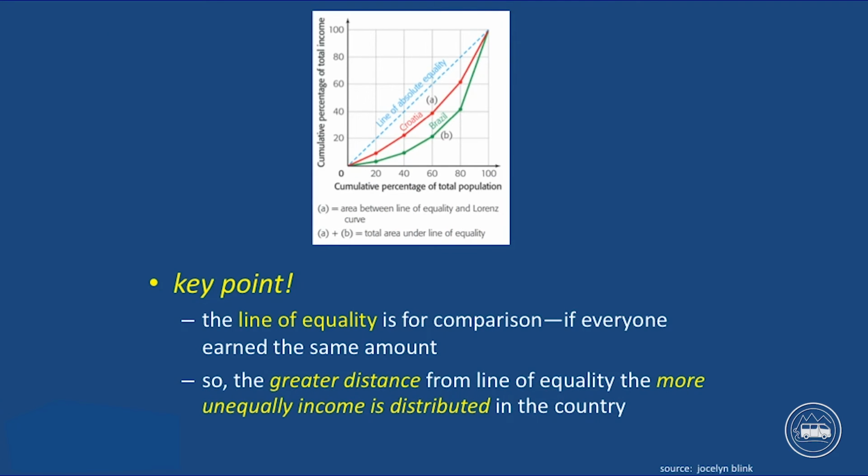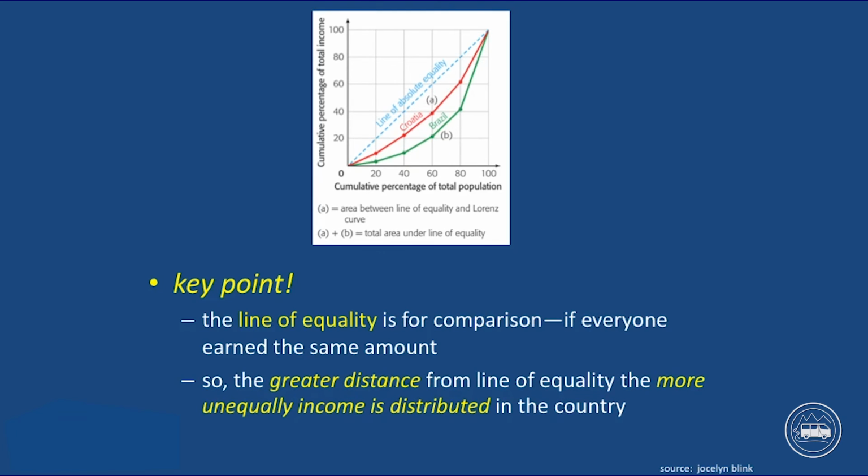So the key point here is that the line of equality is for comparison. The blue line does not exist. It's a way of comparing the relative distribution of income in a country to the ideally perfectly evenly distributed income in society, where 20% of the population would have 20% of the income. That doesn't exist anywhere.